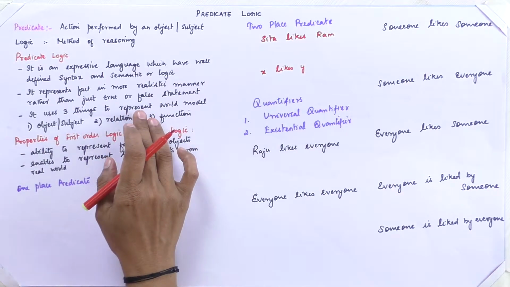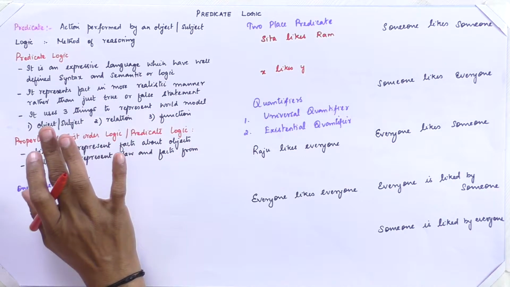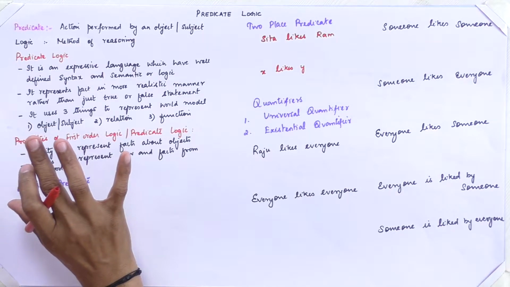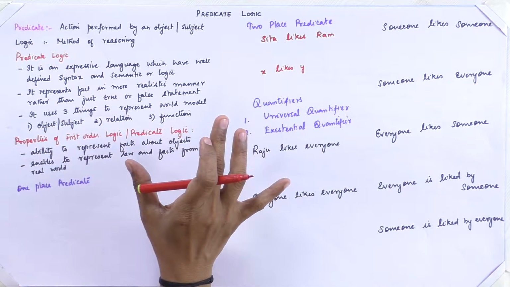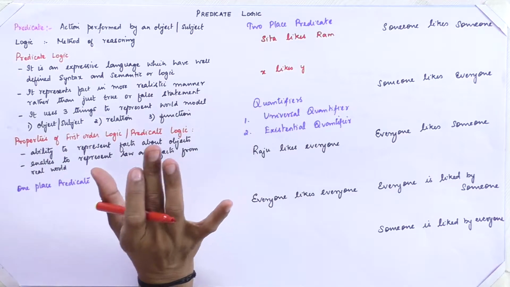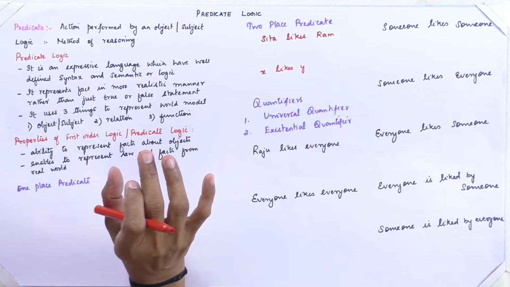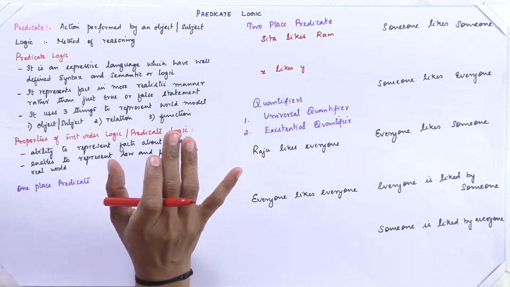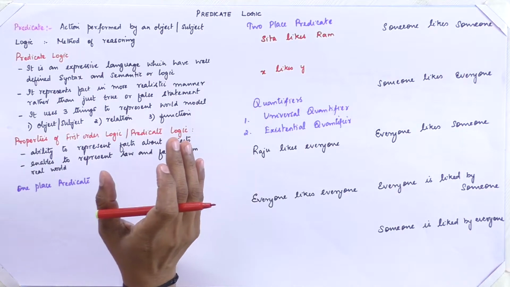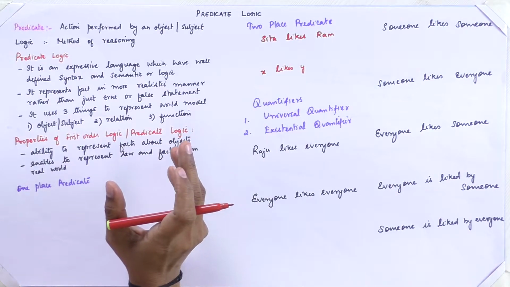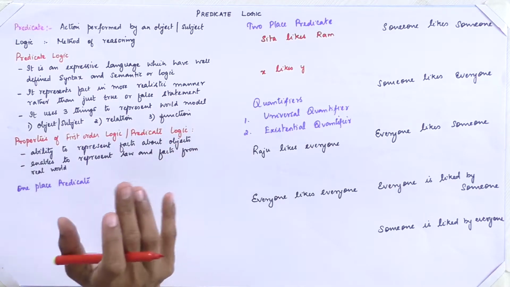So with this, we can also say that beyond propositional calculus or propositional logic, we have a better thing called predicate logic. First we'll see what predicate logic is, and then we'll discuss the various natures of predicate logic, or first order logic.